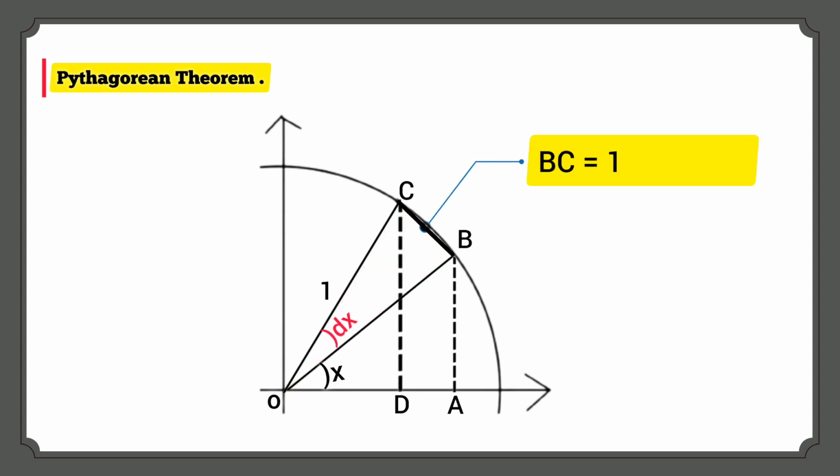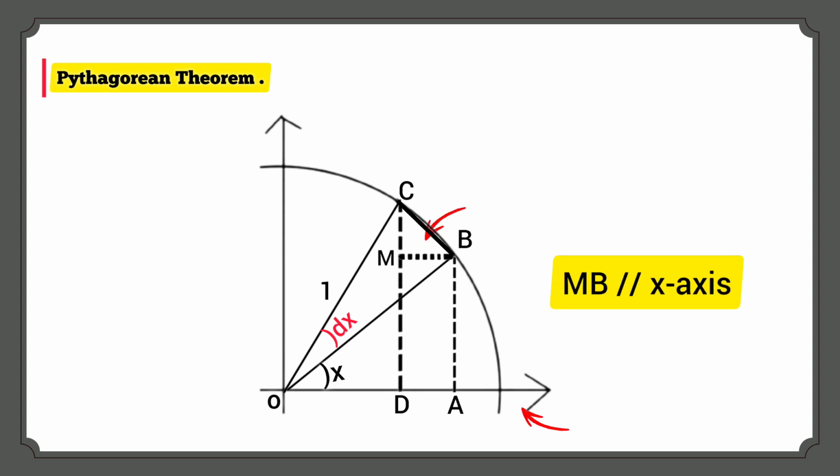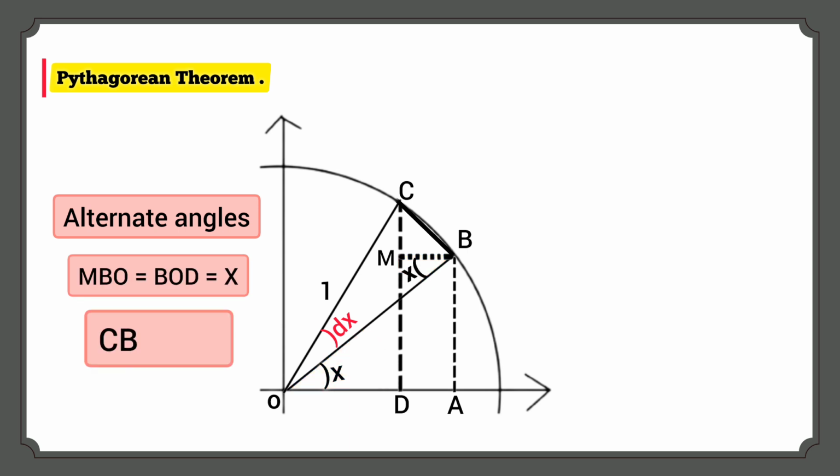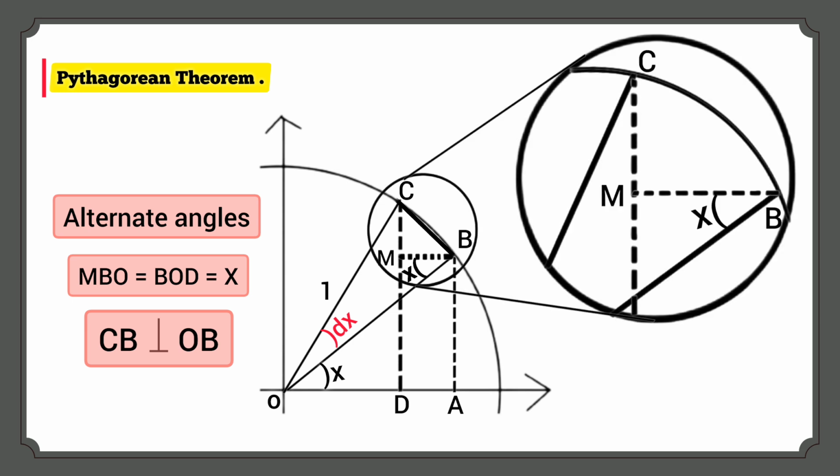Hence, BC is equal to 1 multiplied by dx, which is equal to dx. Now we draw a line parallel to the x-axis through B and say it intersects CD at M. As line MB is parallel to the x-axis and alternate angles are equal, angle MBO is equal to angle BOD, which is equal to x. CB is perpendicular to OB. Therefore, we can say that angle CBM is 90 minus x, and angle MCB is x.